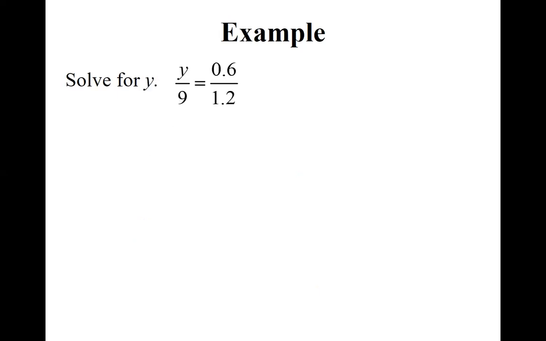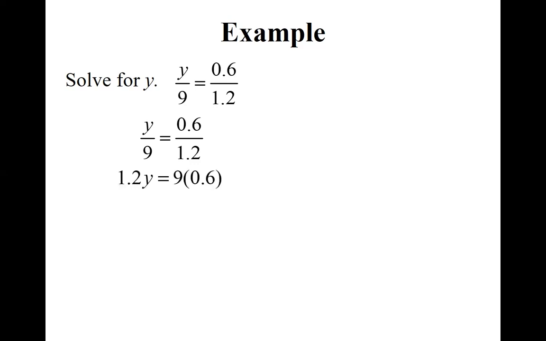Solve for y. We have decimals. Doesn't change what we do. We're going to take our proportion, and since it is a proportion, that's a stated equality, we know the cross products are true.